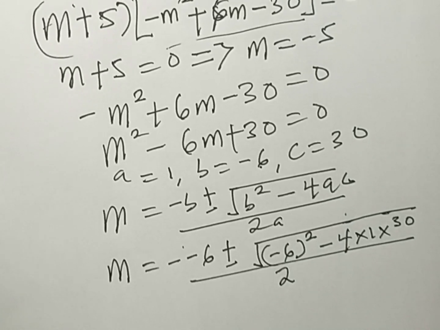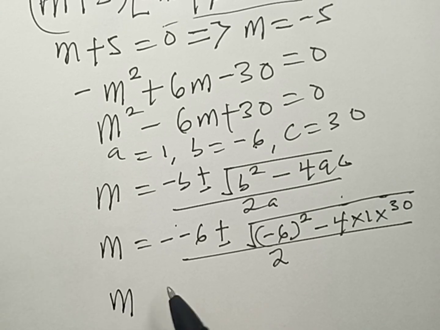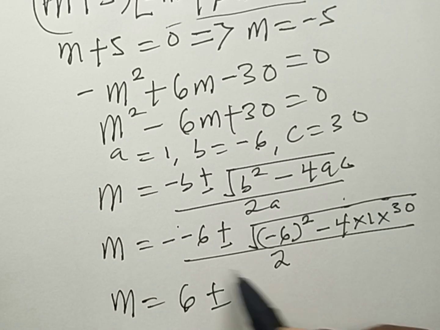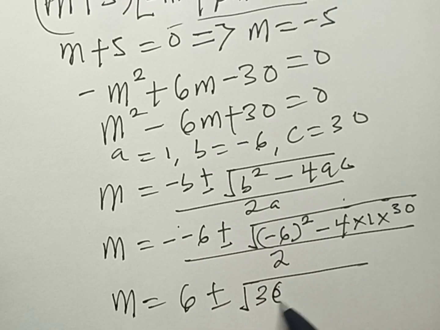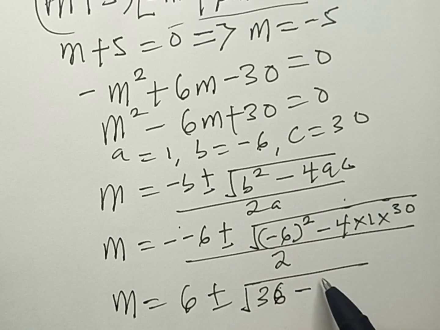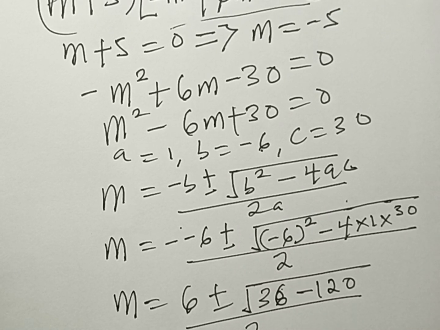So what are we going to have here? We're going to have m equals to 6 plus or minus root of 36 minus 4 times 30 is 120, all over 2. So that is what we have.